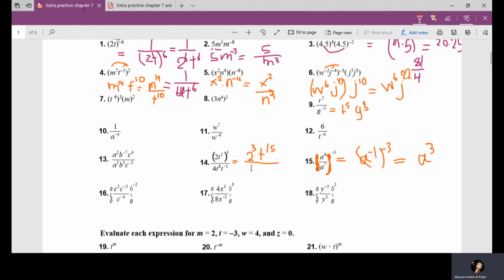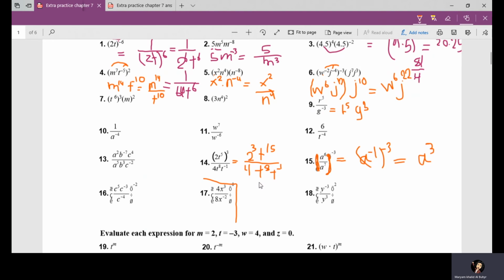Over 4, t to the power 8, t minus 1. I will continue my work here for this question.